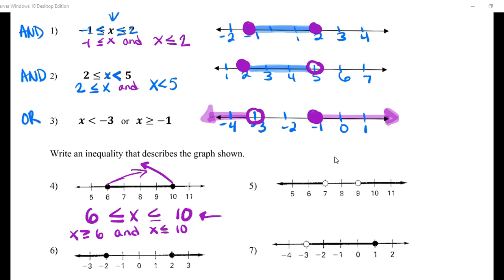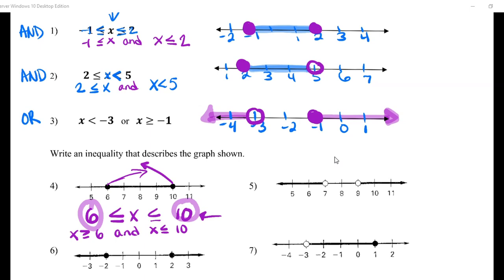One helpful tidbit for "and" inequalities is if the smaller value is on the left and the larger one on the right, the inequality symbols are always going to both be facing the left. So they're both facing the same direction.